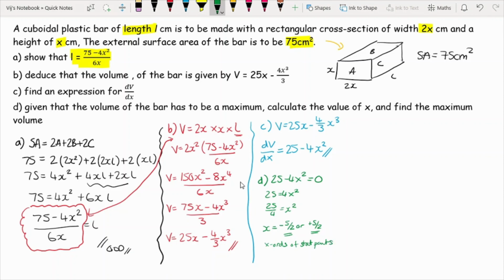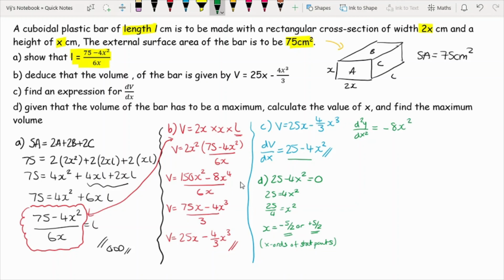Now the next thing I need to do is find out which of these 2 points will give me my maximum stationary point and which one gives me my minimum stationary point. So I substitute those into my second derivative formula, which I need to work out. Our second derivative is going to be minus 8x squared.